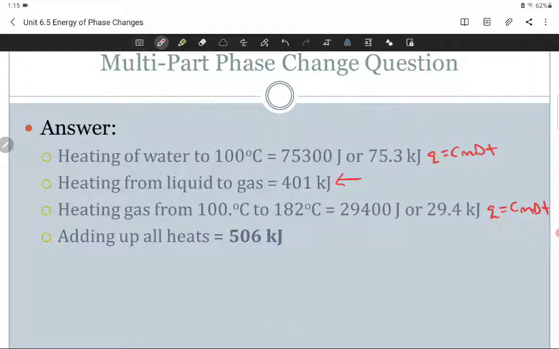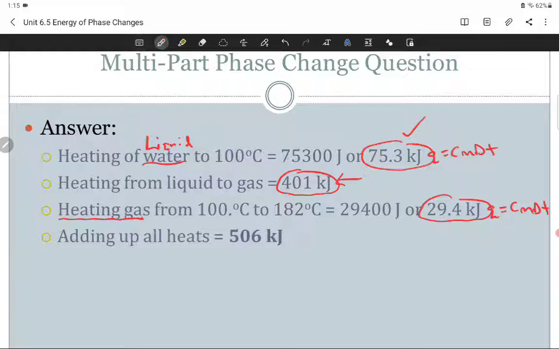So let's pause for a second and look at these numbers. If you are just heating liquid water, it requires energy. If you're just heating gaseous water, it requires energy.